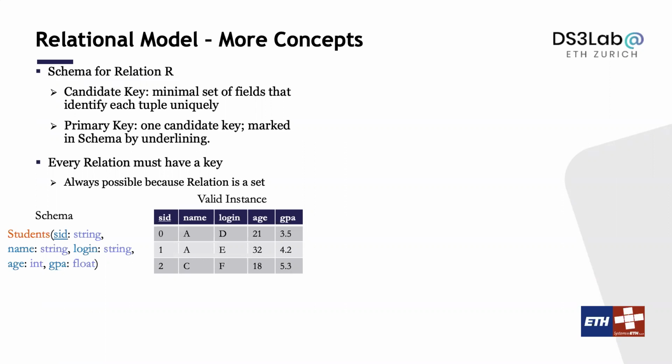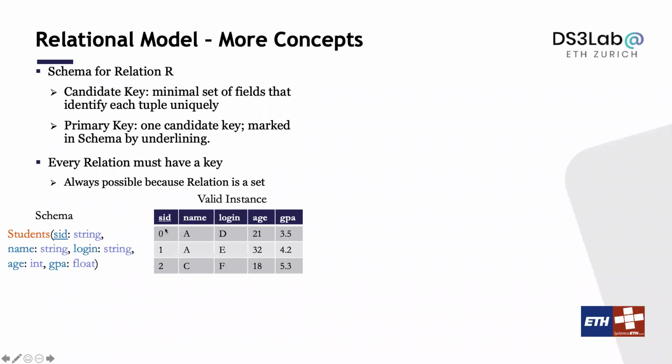And the second reason is that this instance actually satisfies the key constraint. If you look at the schema, the primary key in this relation is student ID.